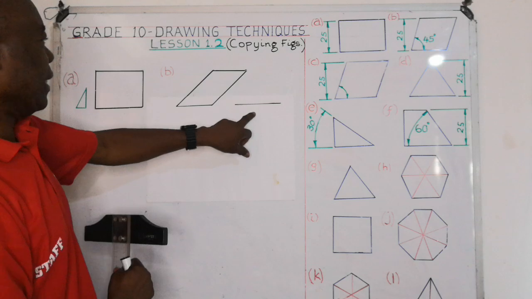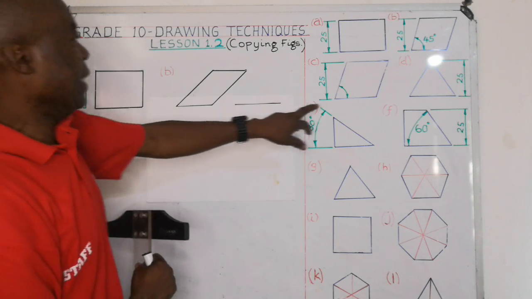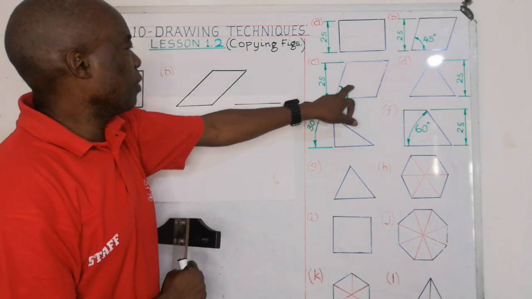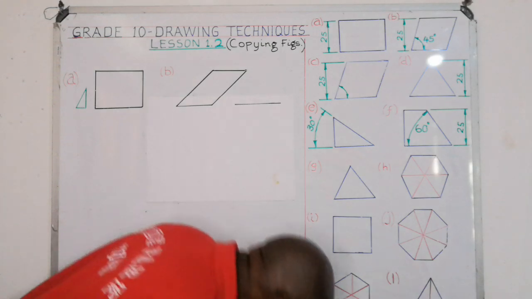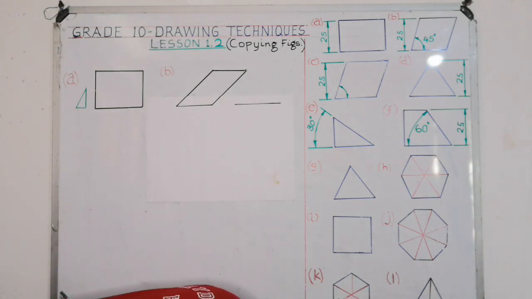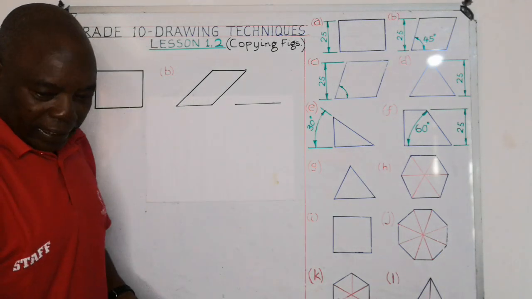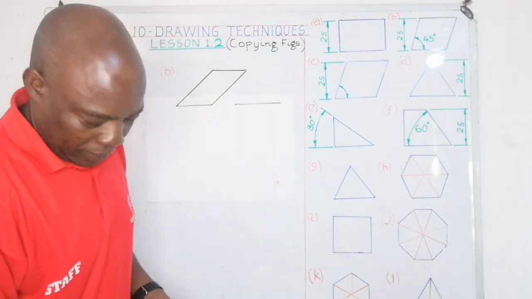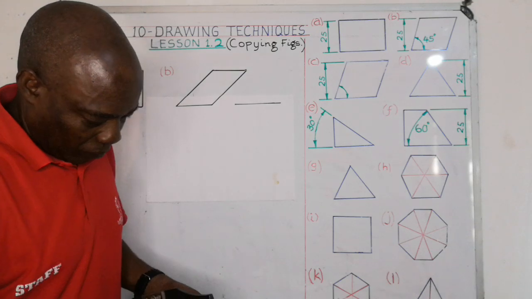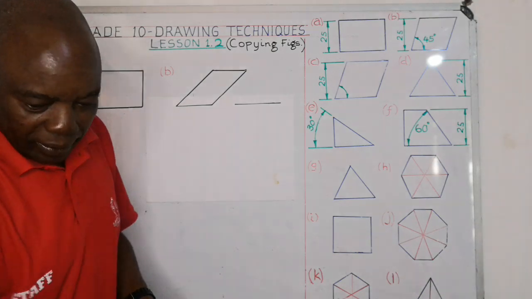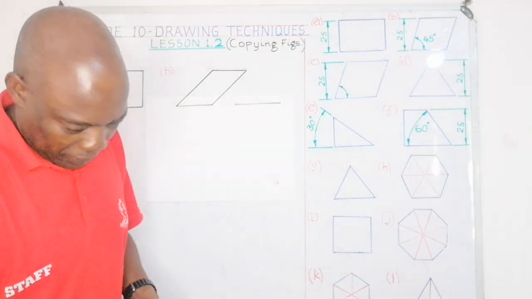And then on C, oh, I forgot to write the angle there. What's the angle there? C is 60 degrees. 60 degrees. Let me write it down there.